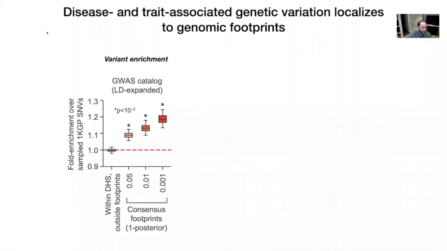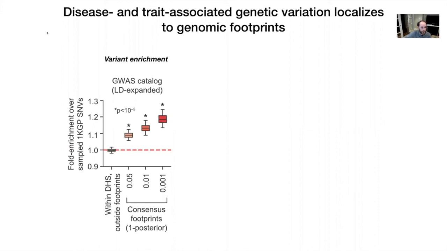Given that genetic variation affecting chromatin accessibility is enriched within footprints, and that trait-associated genetic variation localizes within DHSs in general, we wondered whether disease and trait-associated genetic variation would preferentially localize to genomic footprints versus non-footprinted regulatory DNA.